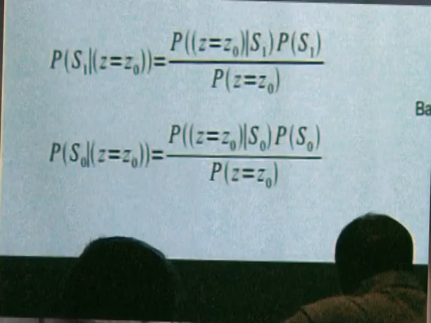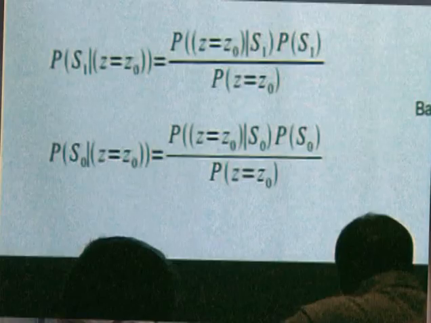So the probability that z equals z0 and s1, which is the signal for a 1 was sent, is the same as the probability that s1 was sent and z equals z0. And z equals z0 is what I'm receiving. So the probability I receive a z0 and an s1 was sent is the same as the probability an s1 was sent and I receive a z0.